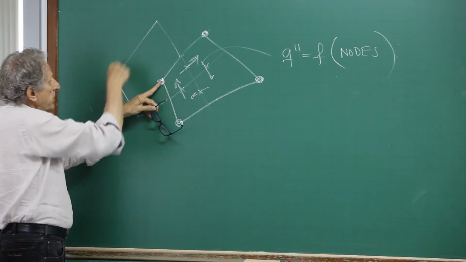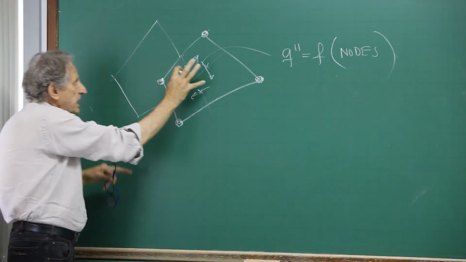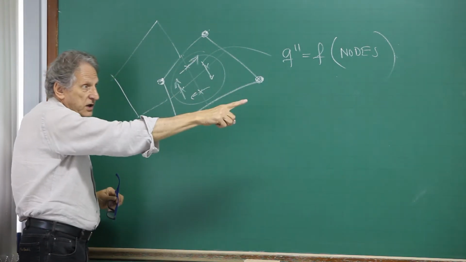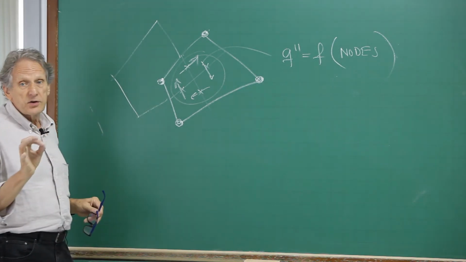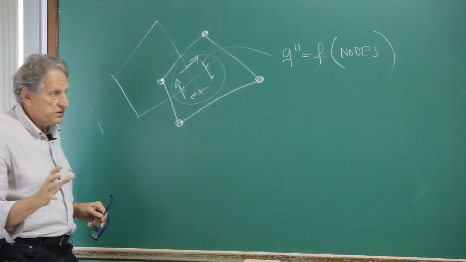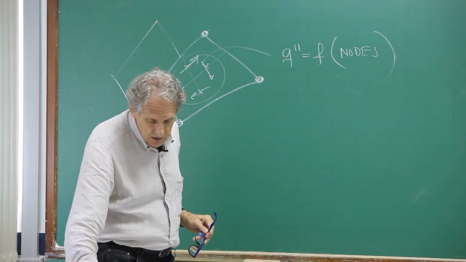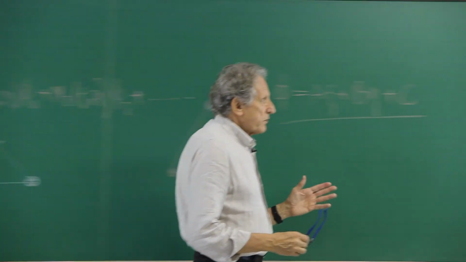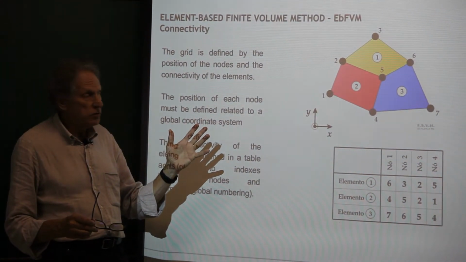I need the other one that comes from the other elements. For this element, I calculate these 4 fluxes and I save them in a 4 by 4 matrix. If it's triangular, it's a 3 by 3 matrix I'm going to save. And then I just will sum up for some control volume.